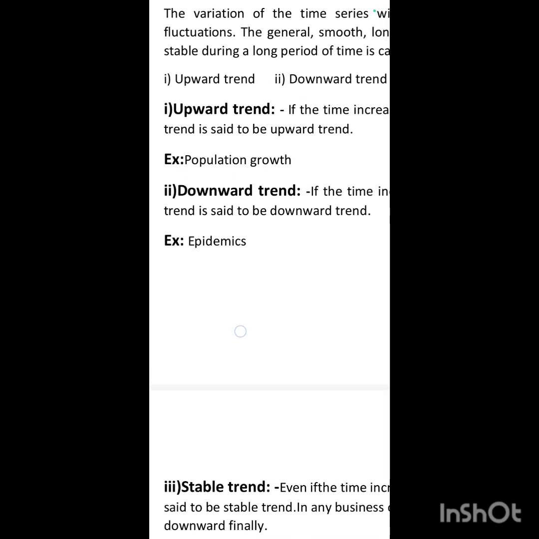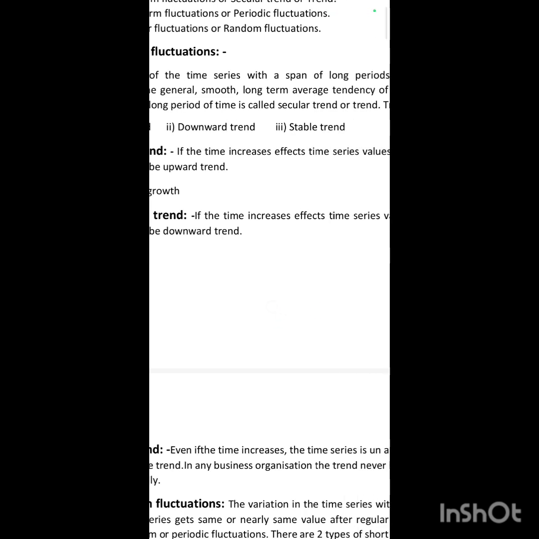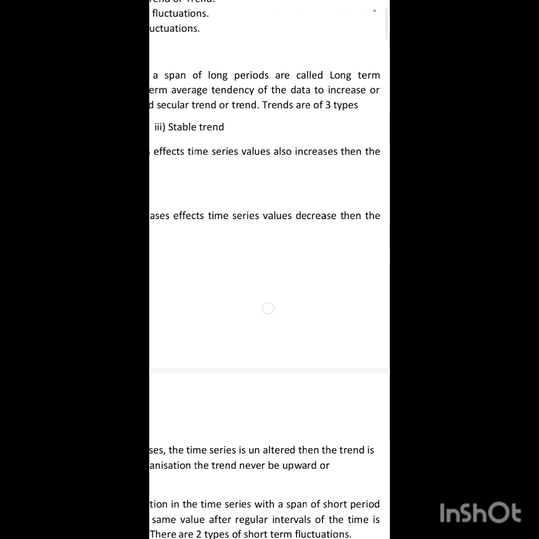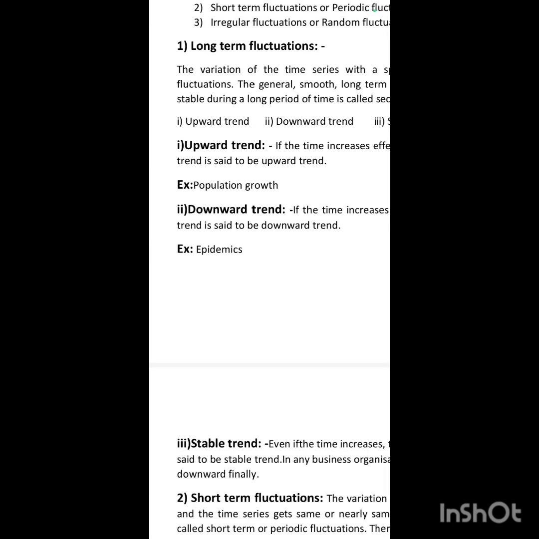An example is population growth. Downward trend: if as time increases the time series values decrease, this is called a downward trend. An example is epidemics.